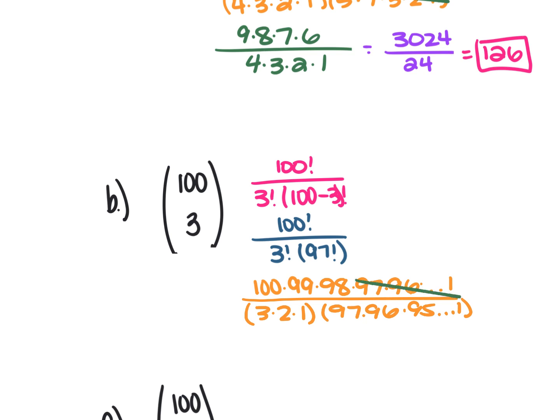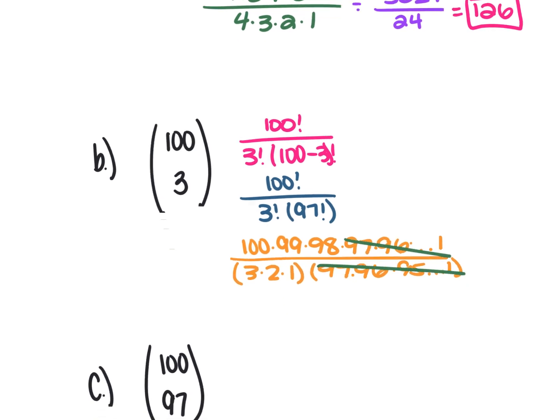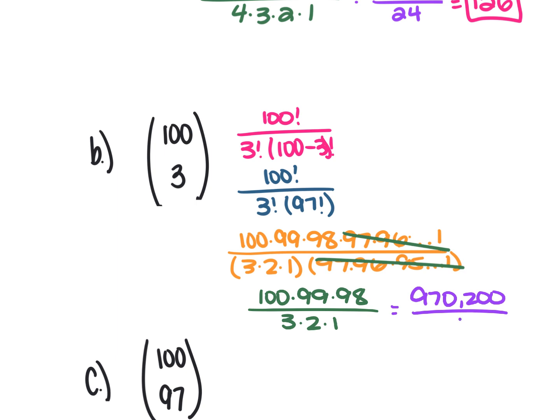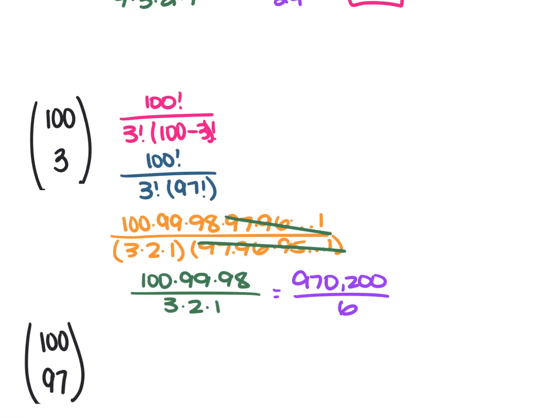Your 97 to 1 is the same on the top and the bottom, so those will cancel, and you'll just work out the 100 times 99 times 98 over 3 times 2 times 1. Your 100 times 99 times 98 is 970,200 over 3 times 2 times 1, which is 6. If we divide by that 6, we are left with 161,700 for our answer.